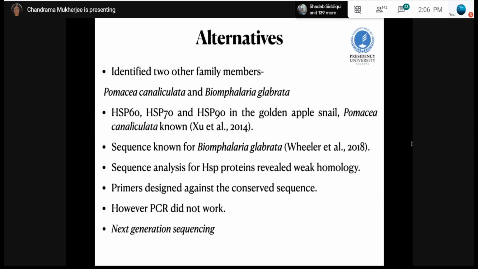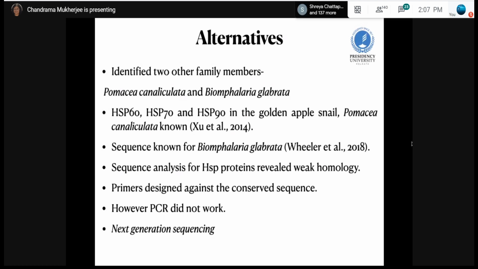Because we could not find the sequence information for this particular mollusca, we identified two other family members, Pomacea and Biomphalaria. These are two similar types of gastropods, and in these two, the sequences of the three proteins HSP60, HSP70, and HSP90 are known.